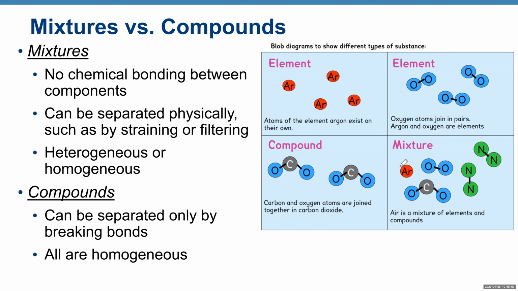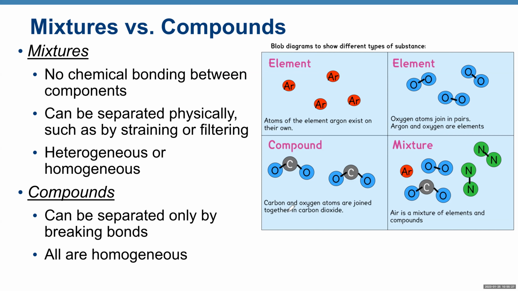Now, if we have a mixture, we don't have chemical bonds between components. Air is a mixture of elements and compounds. And in a compound, we have atoms that hold together by chemical bonds, but we can still break those bonds.